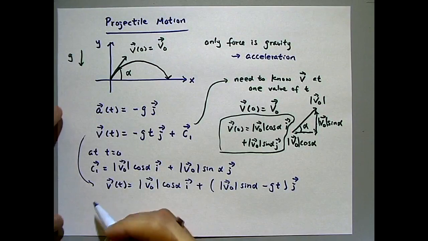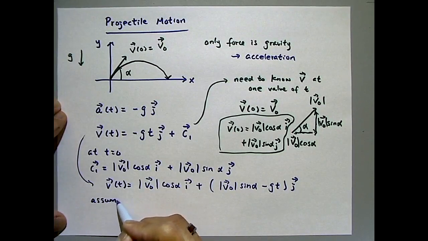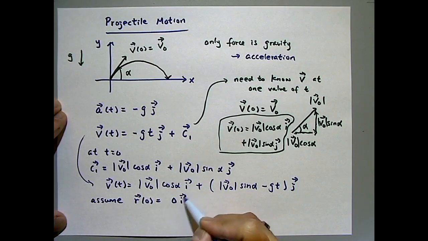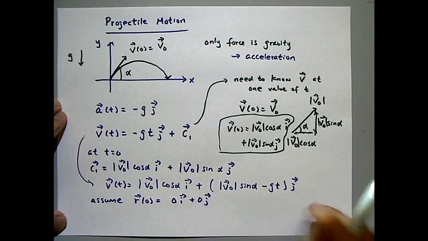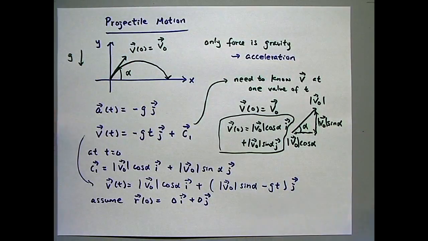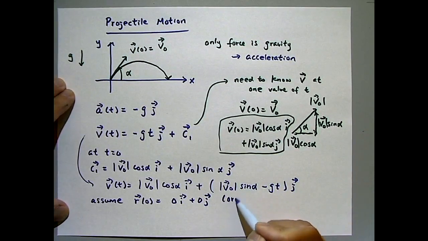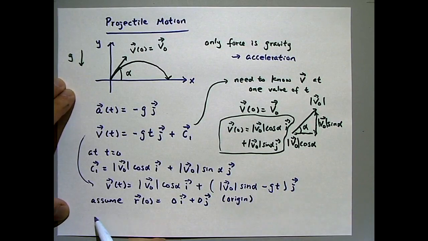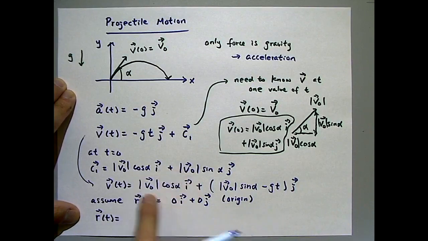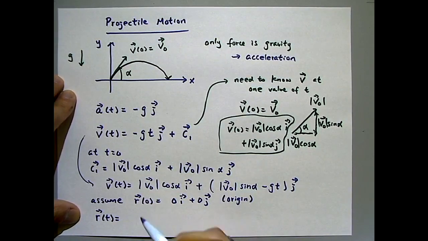Let's integrate one more time to get position. Let's assume that at the initial time, I'm at the origin, so 0i plus 0j. And when I integrate the velocity vector to get my position vector, this right here, even though it's got symbols all over the place, this thing is a constant. There's no t right now. When I integrate that, it's a constant, so I gain a t out of that.